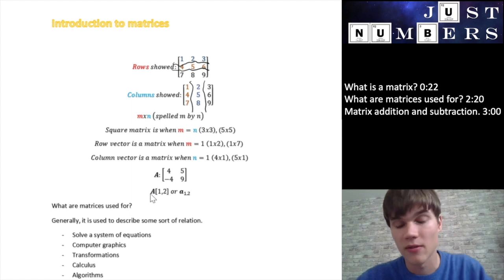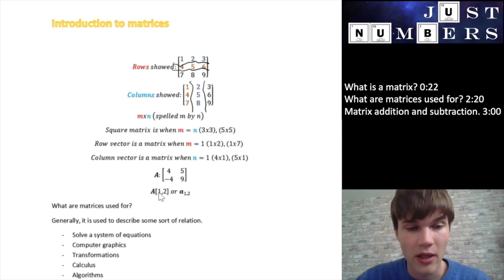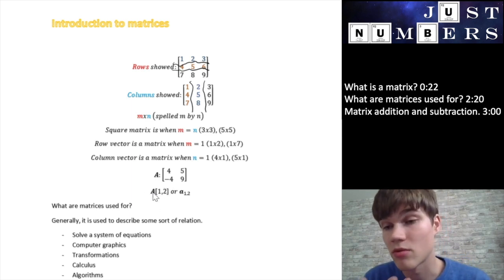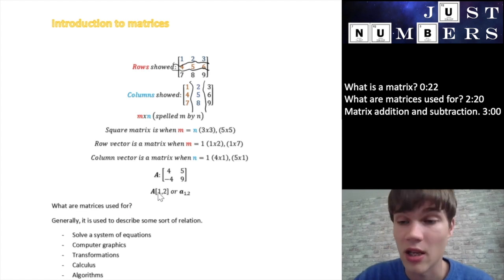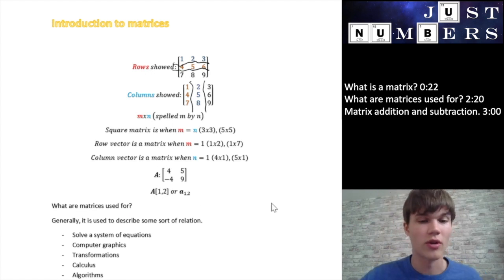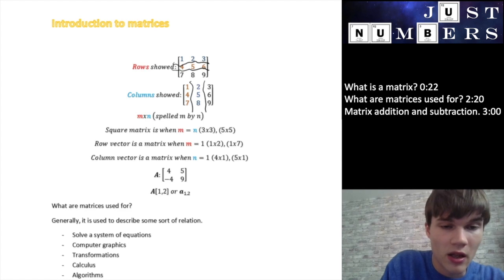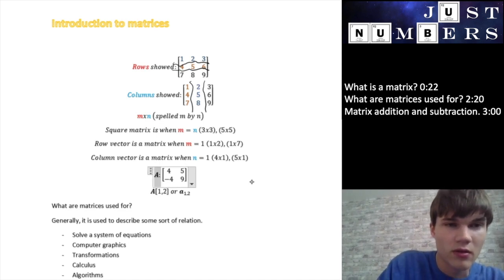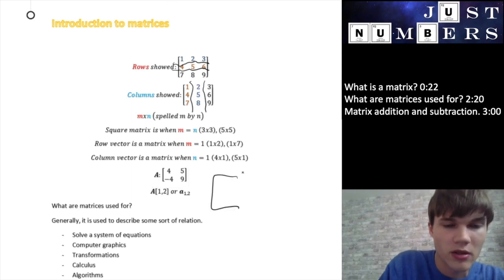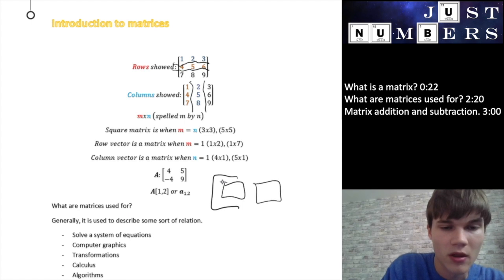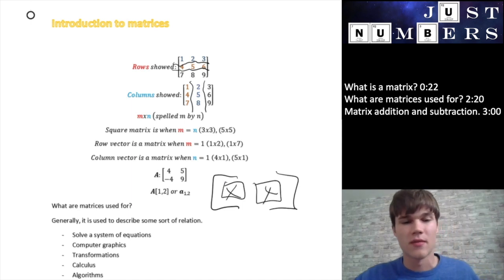For instance, this symbol here is a bold symbol which suggests that it's a matrix, and it has a 1 which stands for the rows, so it is actually a row vector. It has 1 row and 2 columns, right? So this is a matrix with 2 numbers in it.